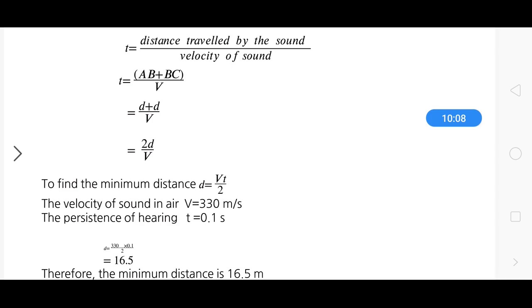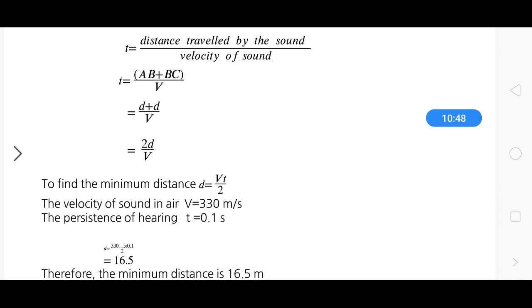Here 0.1 second is the persistence of hearing. It means the observer can hear two sound waves: the direct sound along the AC path and the echo along the ABC path. The minimum time difference between the two sound waves must be 0.1 second.